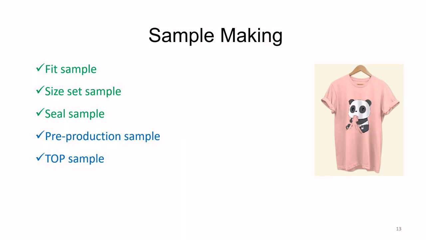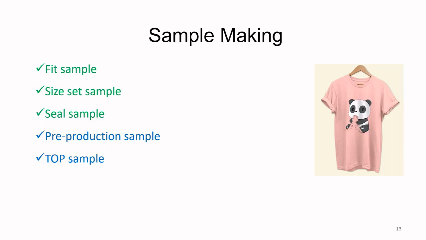Seal sample is where the samples are made for approval by the buyer, and it will be made in the correct color, correct print, correct fabric, and correct stitching and everything. And it will be sealed, and a sealed sample is something which carries a seal by the buyer. If that seal is broken, the sample becomes invalid.